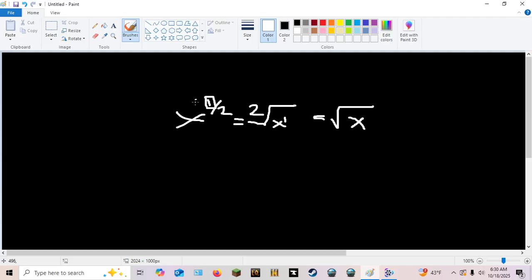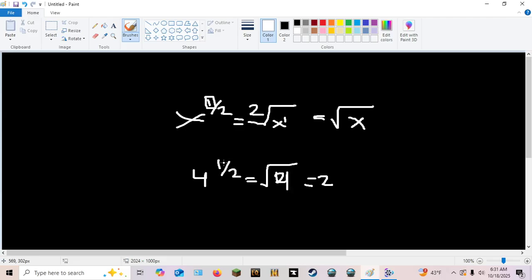So let's go do 4 raised to the 1/2. Okay? We're taking the square root of it. If you raise anything to 1/2, it actually equals the square root of the base number. So this actually equals the square root of 4, which equals 2.